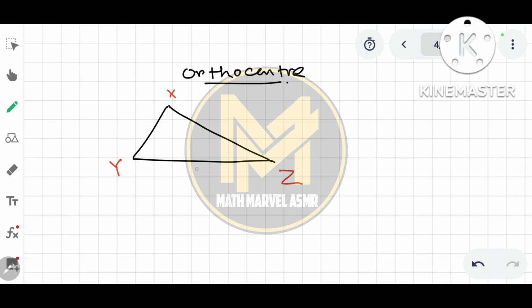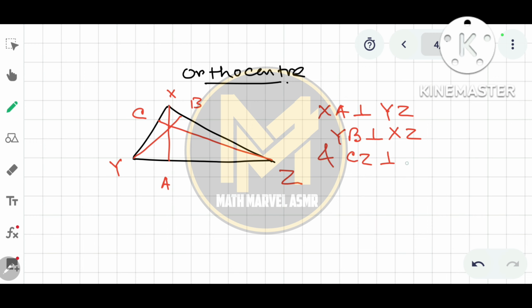If we are asked to draw the height, we have to draw it from the vertex to the opposite side: that is XA, YB and ZC. XA is perpendicular to YZ, YB is perpendicular to XZ and ZC is perpendicular to XY. They are perpendicular heights.